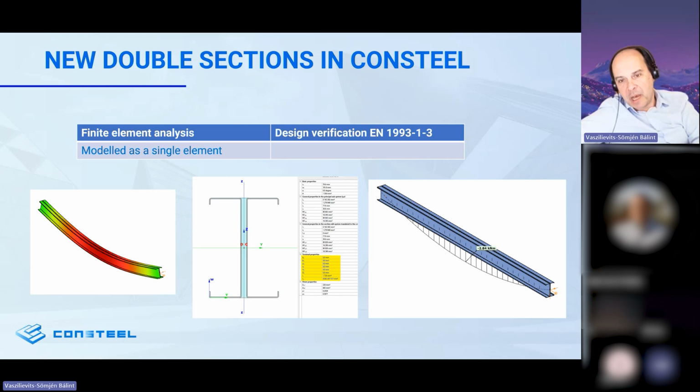And when we come to design, then we do something different, because even if we said that we assume that the two profiles will move together, on the real structure it is clear that the connectors are not necessarily positioned continuously along the length. There are gaps between.